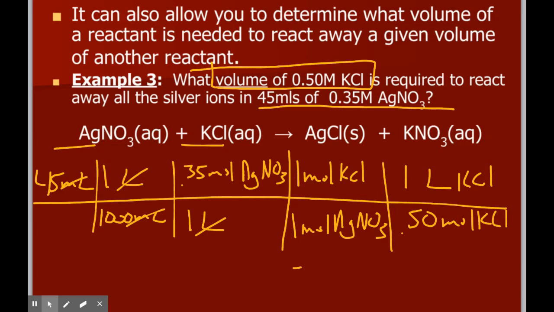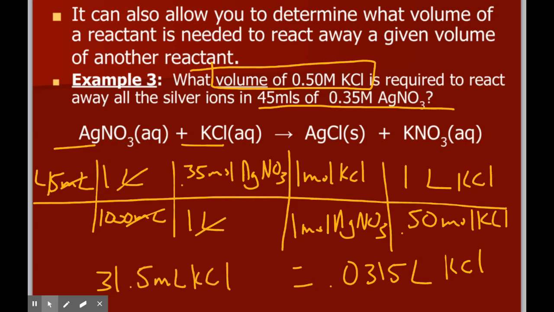So when you calculate that out, you should get 0.0315 liters of KCl. So you can leave that in liters, or you could multiply it by 1,000 to get milliliters, which would be 31.5 milliliters of KCl. Either way is fine. It's whatever you prefer. You can leave your answer in liters, or you can convert it to milliliters.